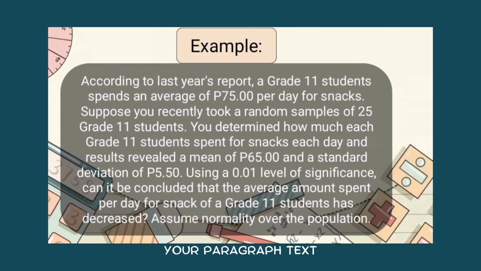You determined how much each grade 11 student spent for snacks each day, and results revealed a mean of 65 pesos and a standard deviation of 5 pesos and 50 cents. Using a 0.01 level of significance, can it be concluded that the average amount spent per day for a snack of a grade 11 student has decreased? Assume normality over the population.